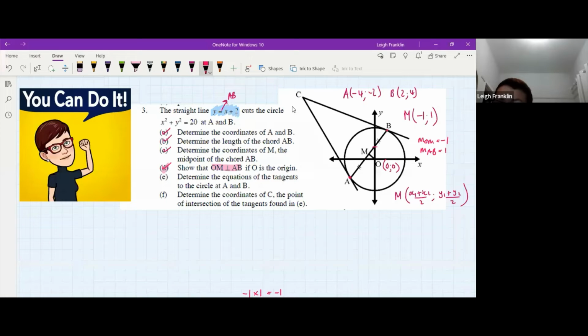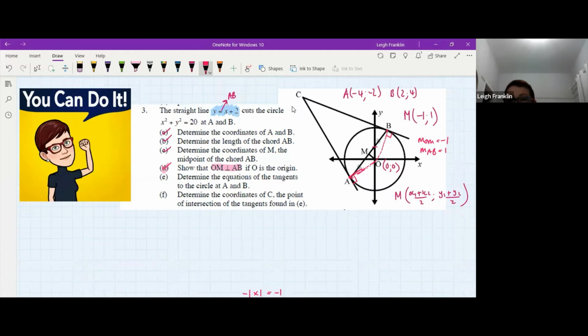Line OA that hasn't been drawn. Your radius is perpendicular to line CA. And line OB, now that it's drawn in, will be perpendicular to CB.